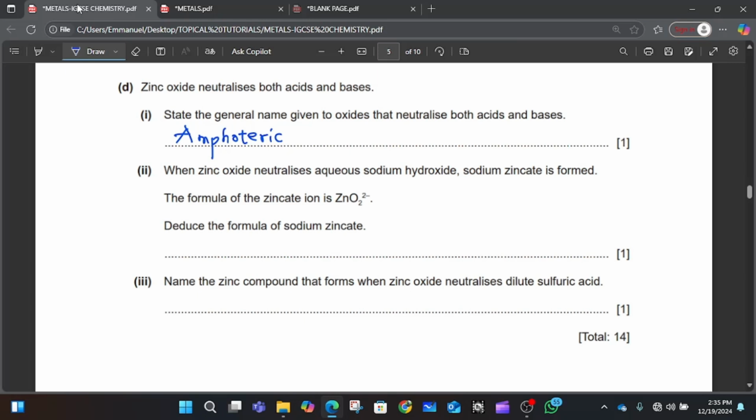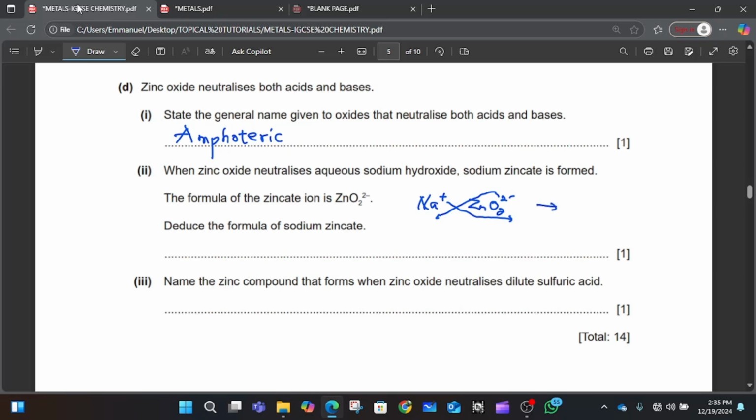II. When zinc oxide neutralizes aqueous sodium hydroxide, sodium zincate is formed. The formula of the zincate ion is ZnO2 2-. Deduce the formula of sodium zincate. So sodium ion and the zincate ion reacting together, the 2 goes to the bottom of sodium and the plus goes to the other side.